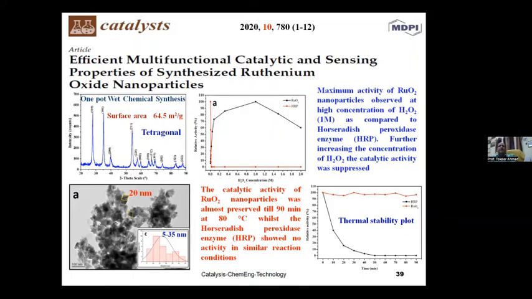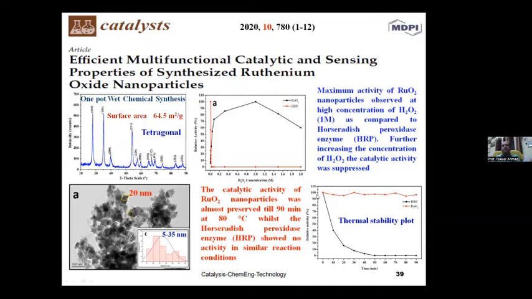And this is the ruthenium oxide nanoparticle for sensing purposes as well as for hydrogen generation. We prepared this using the wet chemical synthesis method, and a very beautiful image is shown over here. And this is the sensing property, which shows that the maximum activity of ruthenium oxide nanoparticle could be observed at high concentration of H2O2 as compared to HRP enzyme.